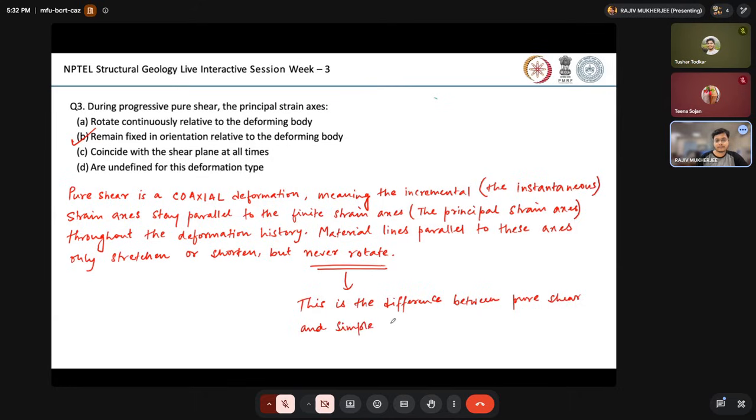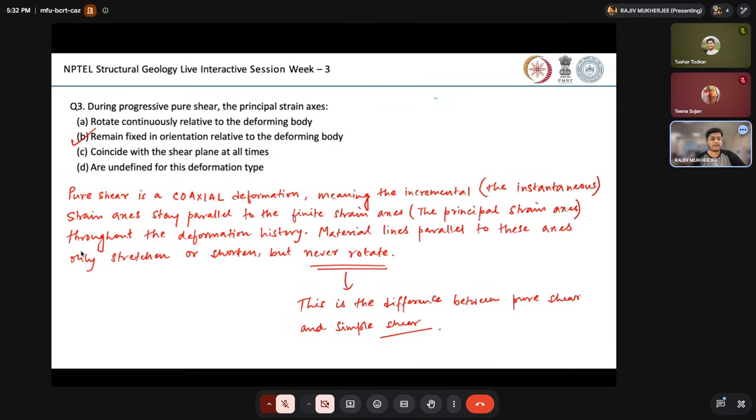Right. So option B is the correct answer. That means during progressive pure shear, the principal strain axis would remain fixed in orientation relative to the deforming body.